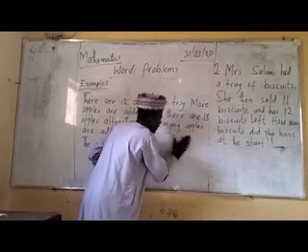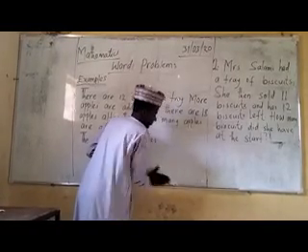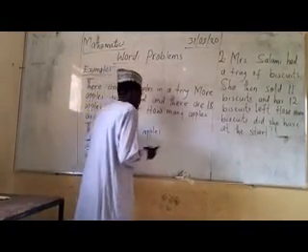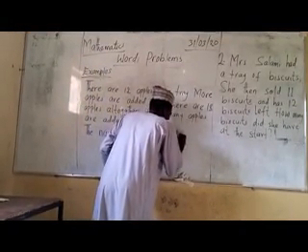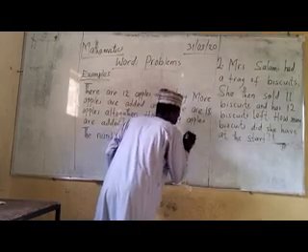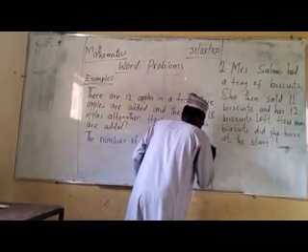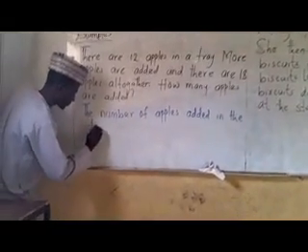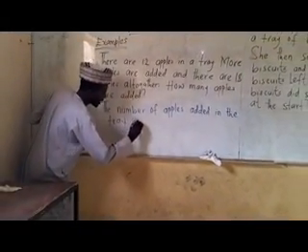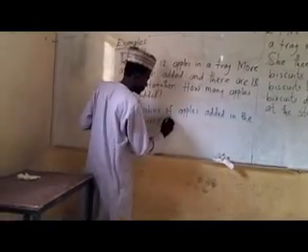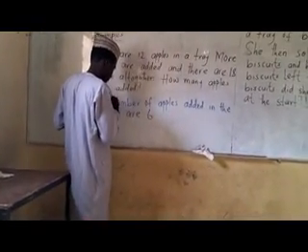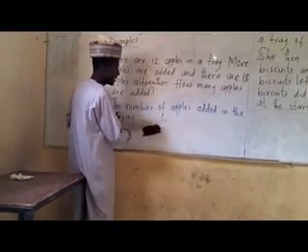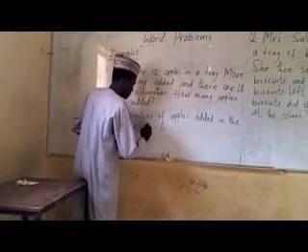Since we found out the answer, let us write: the number of apples added in the tray is 6.